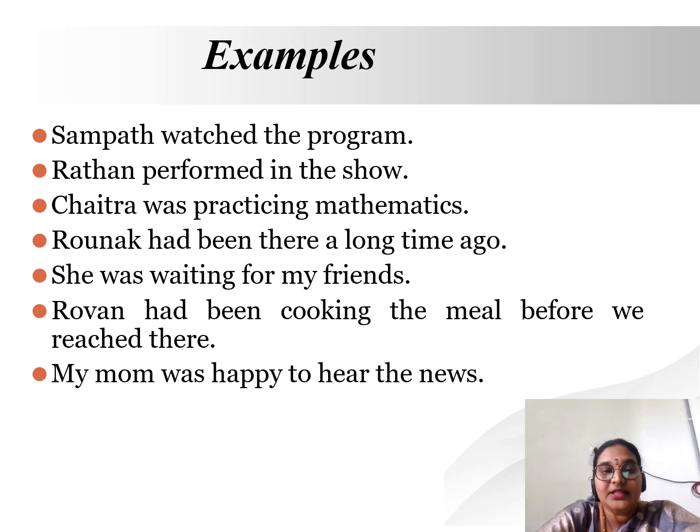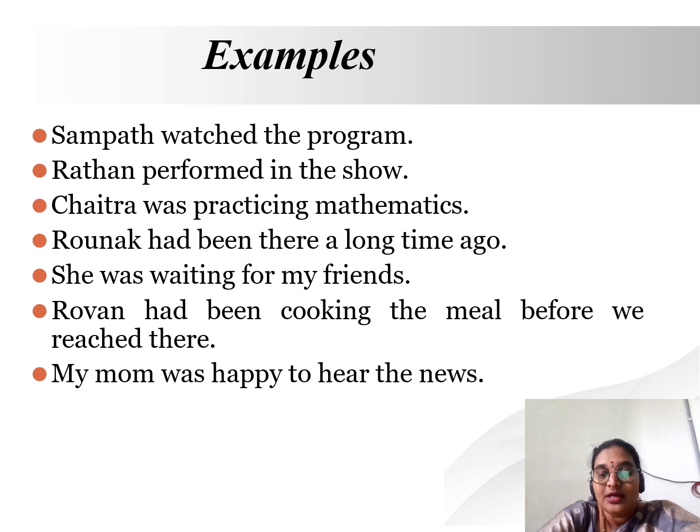And if you can see other examples like Ratan performed in the show, and Chaitra was practicing mathematics. Raunak had been there a long time ago. She was waiting for my friends, and Roman had been cooking the meal before we reached there. So these are the examples of different forms which we come across in simple past tense.